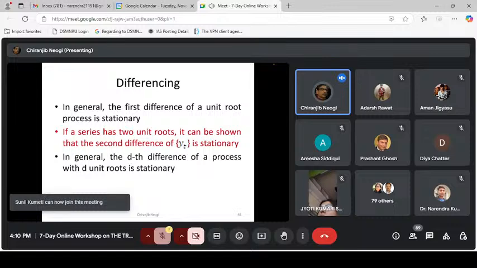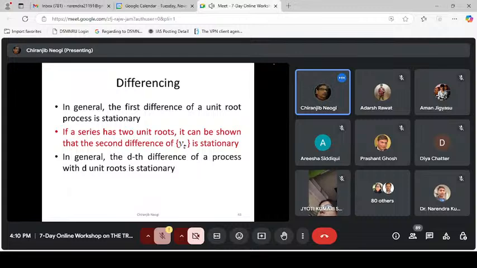So differencing is a tool by which I can make the series stationary. This is the d unit root case: the dth difference of a process with d unit roots is stationary. If there are d unit roots, then after the dth difference, the series could be stationary.